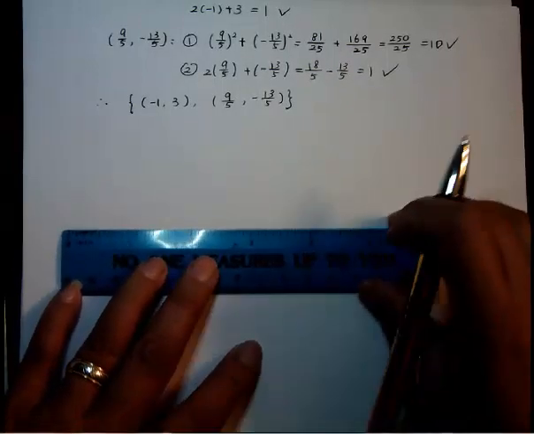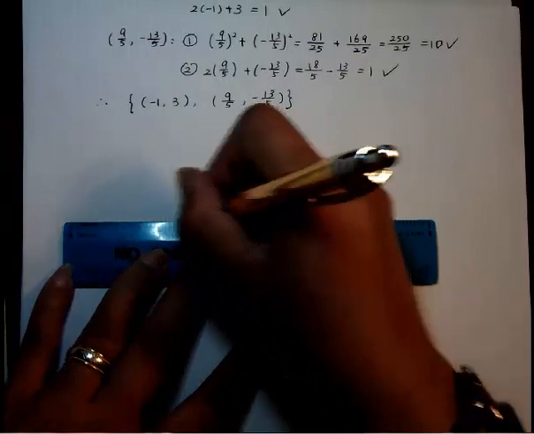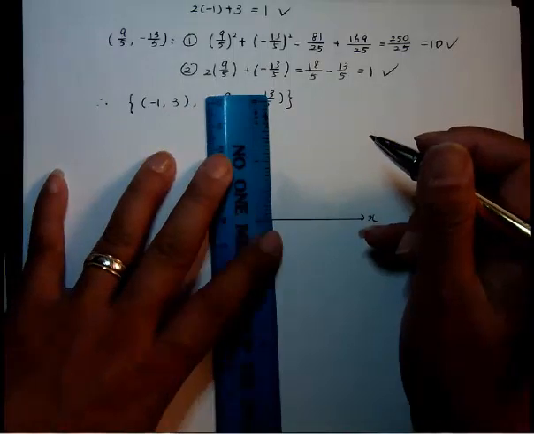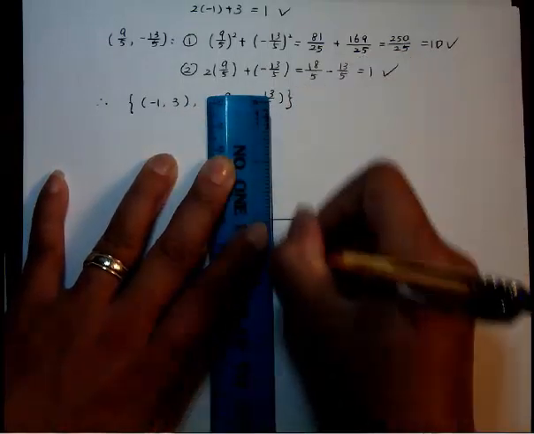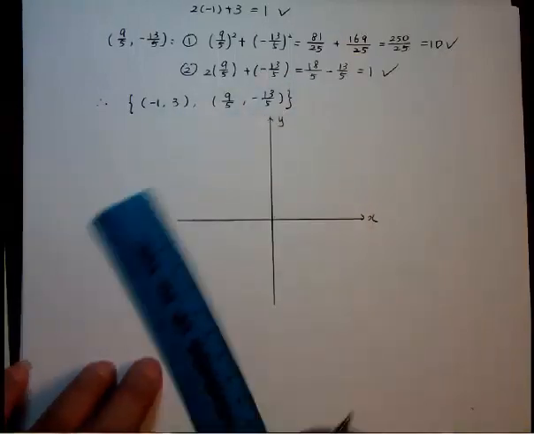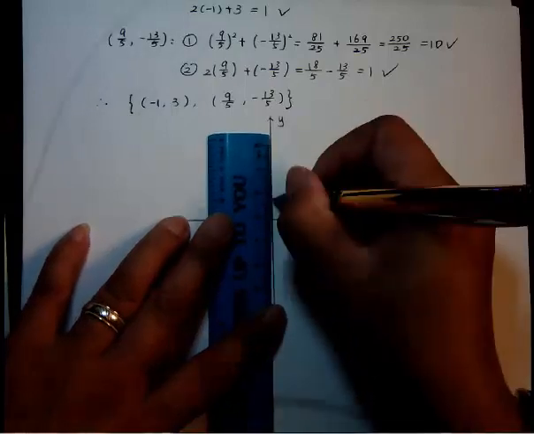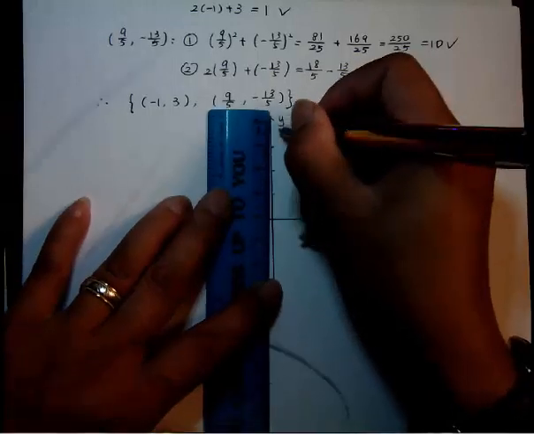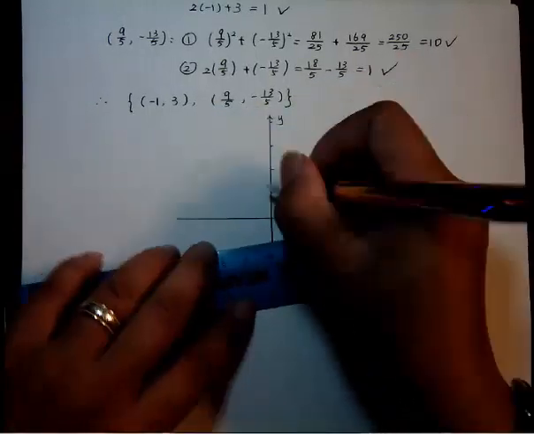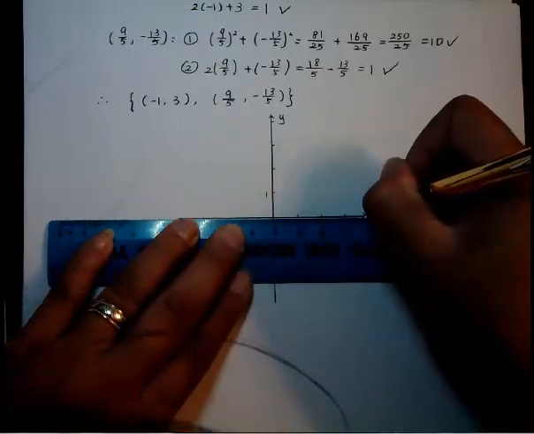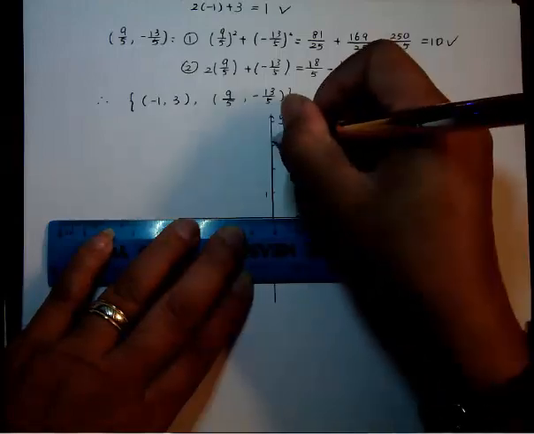So the first equation, remember, is a circle with center at (0, 0) and radius square root of 10, that's 3.1 something. Let's see, 1, 2, 3, and 1, 2, 3.